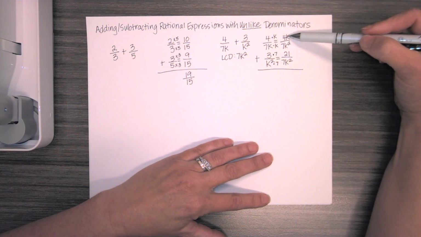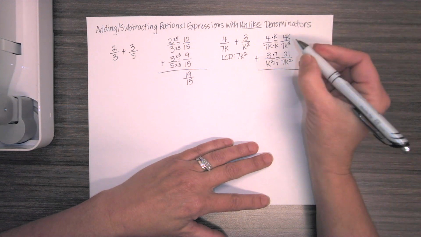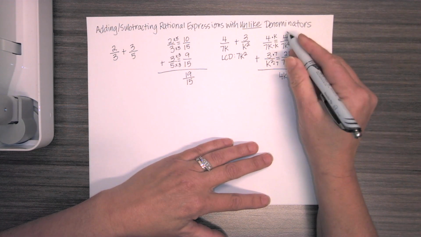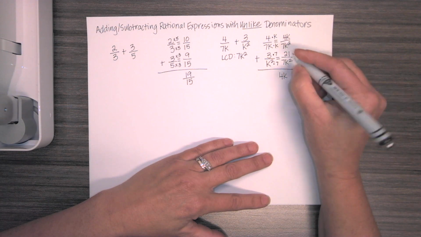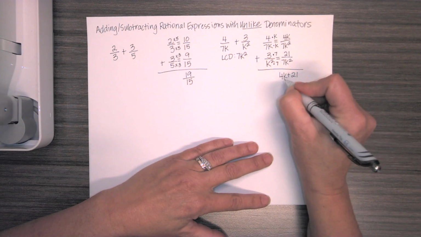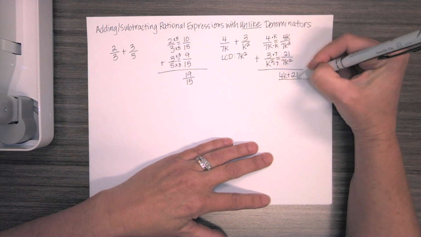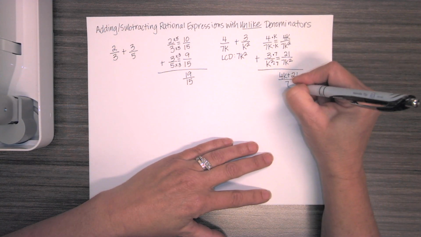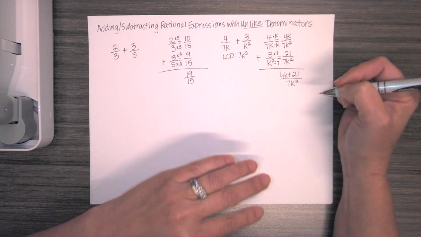I'm then going to combine my numerators. Now 4k and 21 are not like terms, so don't try to combine those and tell me that it's 25k. This has a k on it, this doesn't. So by combine those, I mean just put them together in the numerator. 4k plus 21 over 7k squared.